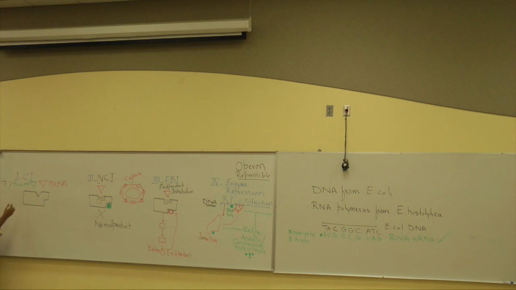If the normal substrate goes in, end product is made. If a lookalike goes in, no end product. This is called molecular mimicry.